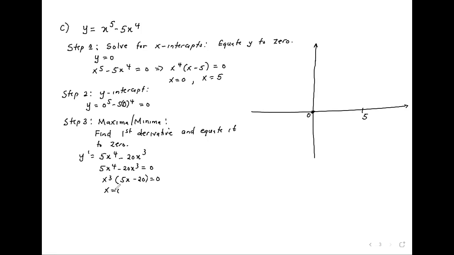So x is 0 and x is equal to 4. So we have the turning points. 0 is a turning point, and at 4 we have another turning point.